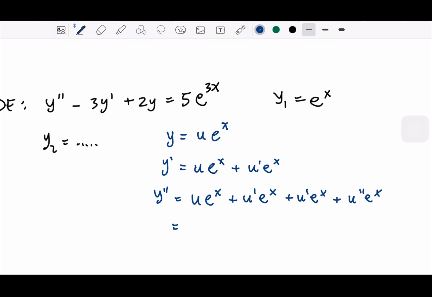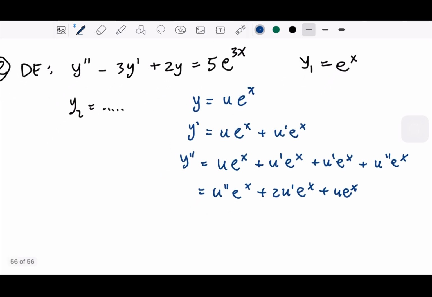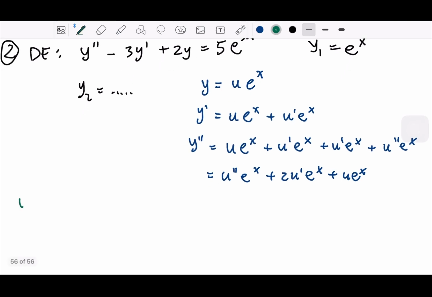So we can write u double prime e to the x plus 2 u prime e to the x plus u e to the x, like that. Now we need to be careful and plug in all the information.